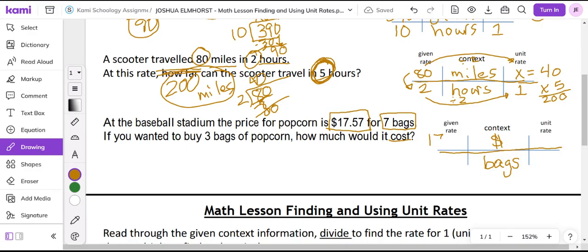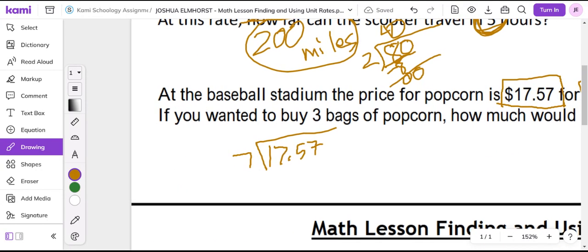Now we fill in the given information. $17.57 for 7 bags. And we're going to find the unit rate. How much is 1 bag? So we can divide $17.57 divided by 7.